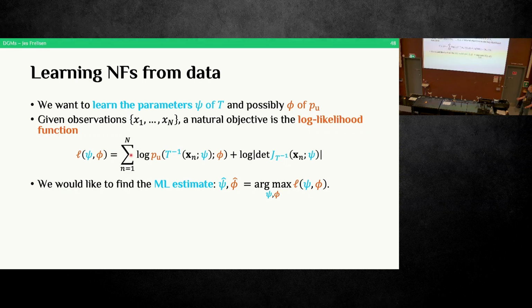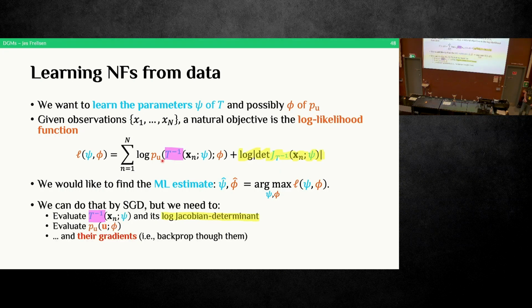So for a flow it's the log probability according to the base distribution, where we apply the inverse transform to our data point, and then because we're in log space, instead of multiplying, we add the log absolute value of the determinant of the inverse transform. So we would like to find the maximum likelihood estimate, and that just means that we would like to maximize this expression with respect to the parameters of the transform and possibly the parameters of the base distribution.